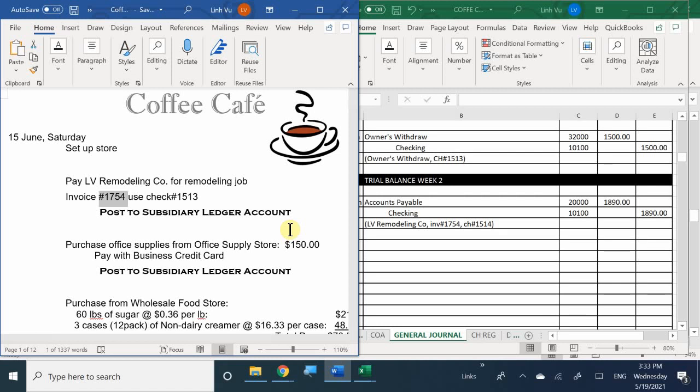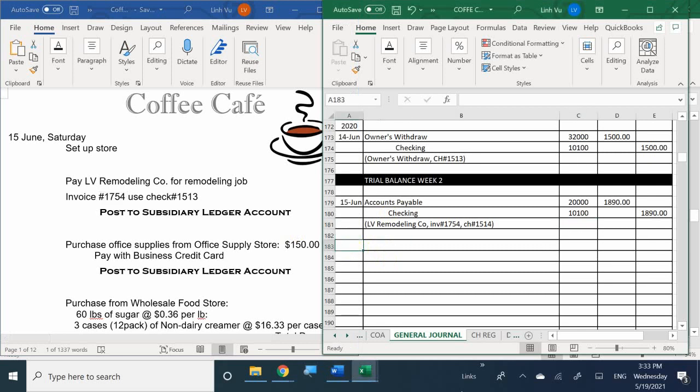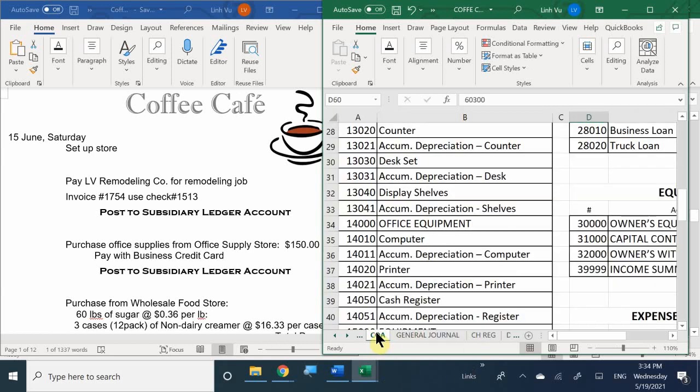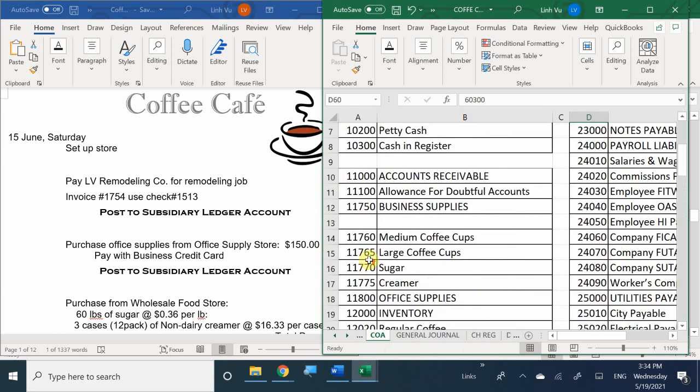For office supplies, you have an account called office supplies in your chart of accounts. Okay. 11,800. Good. So here we have in the chart of accounts that we are purchasing office supplies, right?